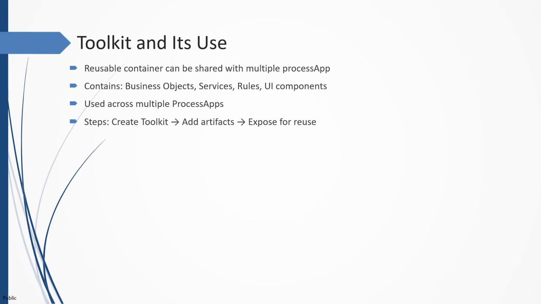Once we build a toolkit, it can be shared with multiple process applications. Let's consider you have two applications with the same screens. For example, application 1 and application 2 use user interfaces which are almost similar. In that case, we create these UI components inside the toolkit.